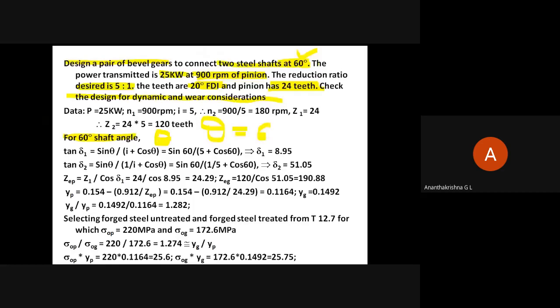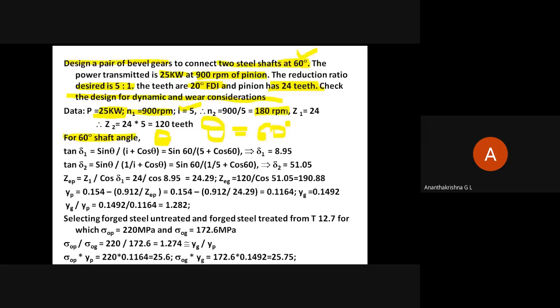Power to be transmitted by this gear pair is 25 kilowatt, and the speed of pinion is 900 RPM and velocity ratio is 5. Therefore, speed of the driven gear is going to be 180 RPM.